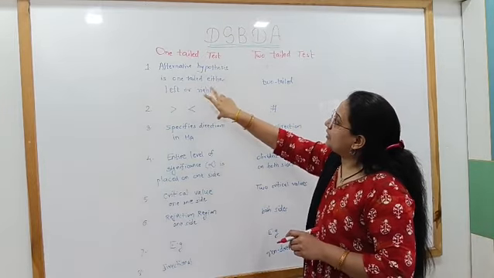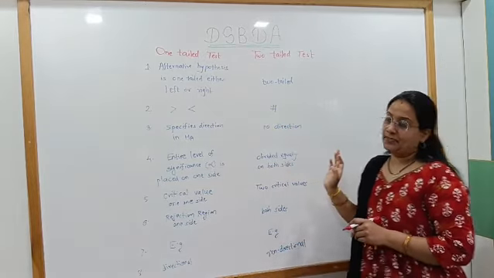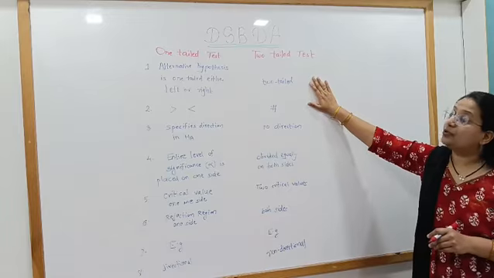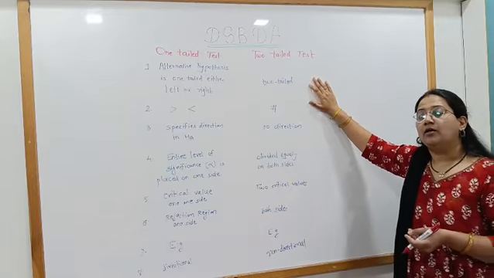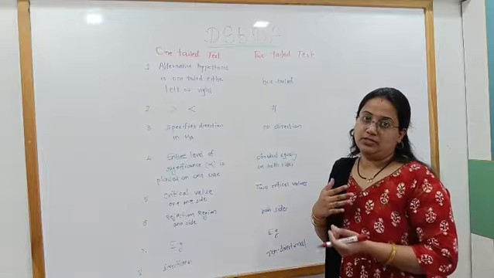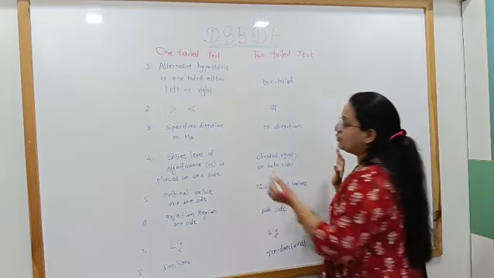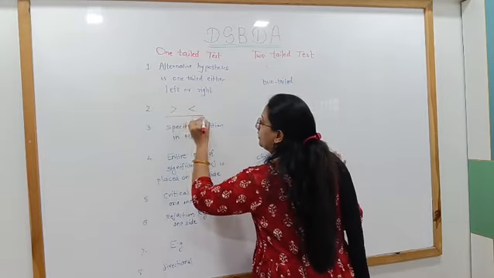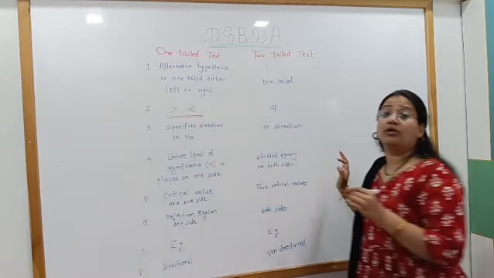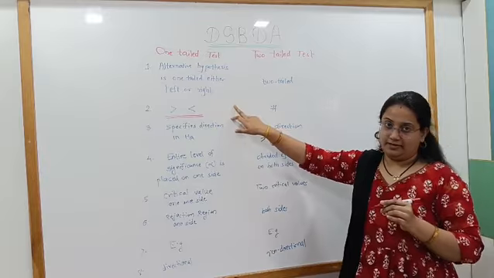The alternative hypothesis is either one-tailed, left or right, or two-tailed. We know that when we reject the null hypothesis, we consider the alternative hypothesis. If I use the symbols greater than or less than in the alternative hypothesis, then it is a one-tailed test.